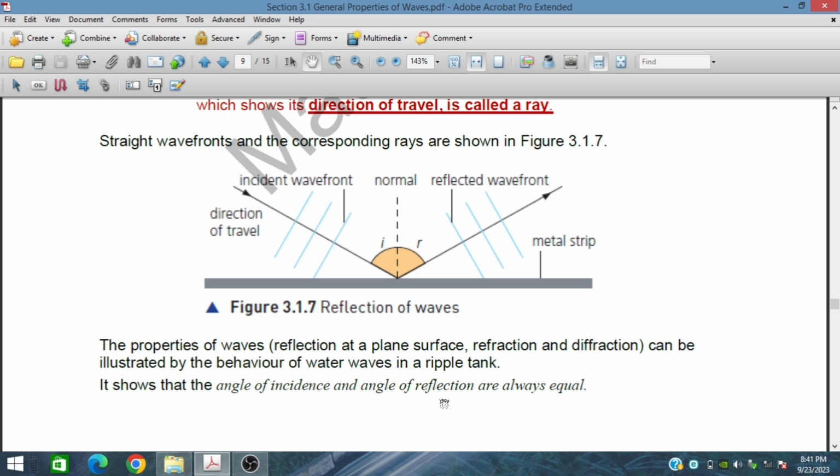We will discuss them in this video. Wave reflection at a plane surface can be illustrated by the behavior of water waves in a ripple tank. It shows that the angle of incidence and the angle of reflection are always equal. This is the angle of incidence with the normal, this is the angle of reflection with the normal, and the normal is a perpendicular line to the surface.